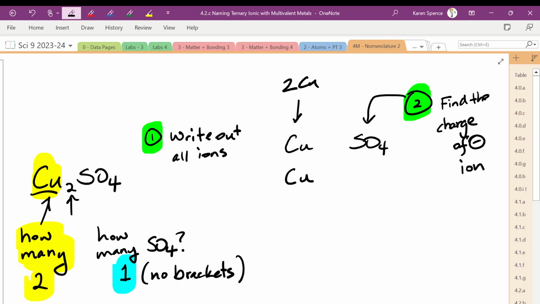Sophia, before you go to the washroom, you need to find your polyatomic ion table and tell me the charge of SO4. Pardon me? 2 negative. Look at you go. You didn't even need it. Awesome. Now that we have SO4 2 negative, what do we do next?